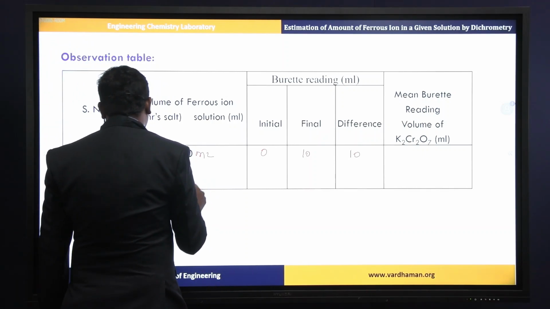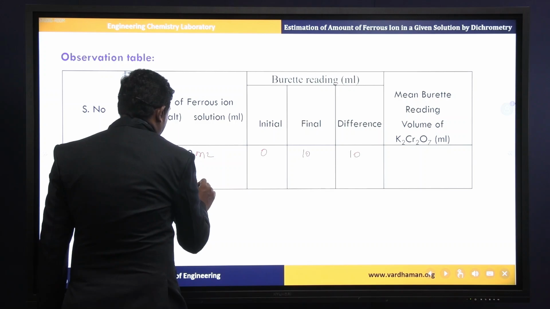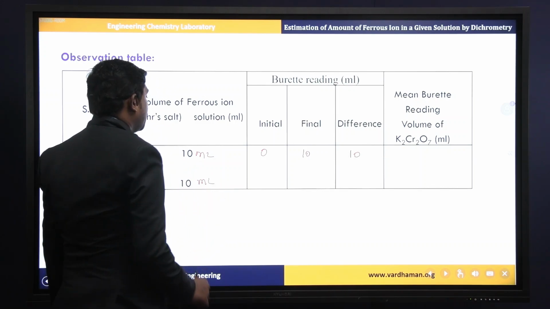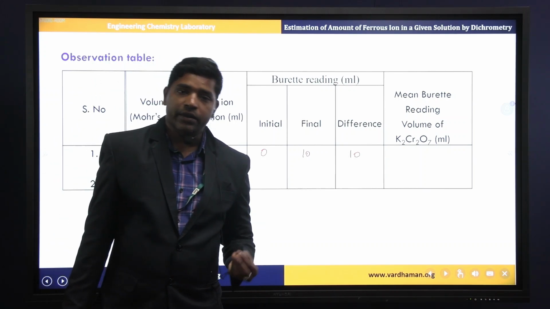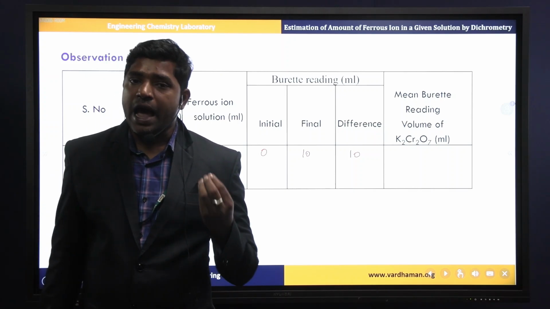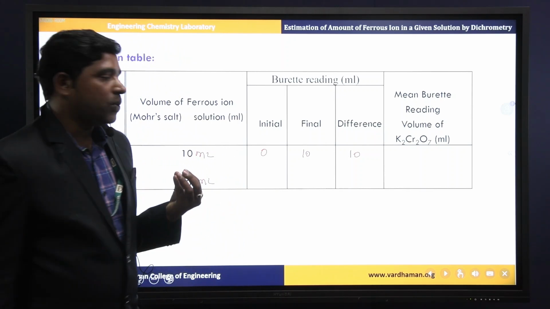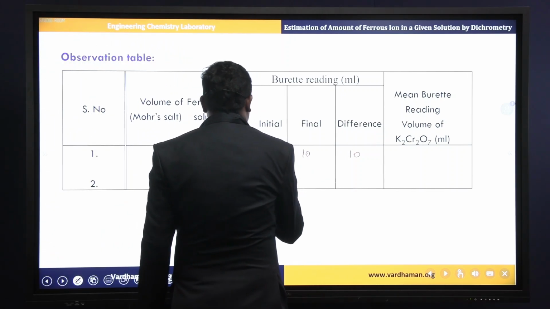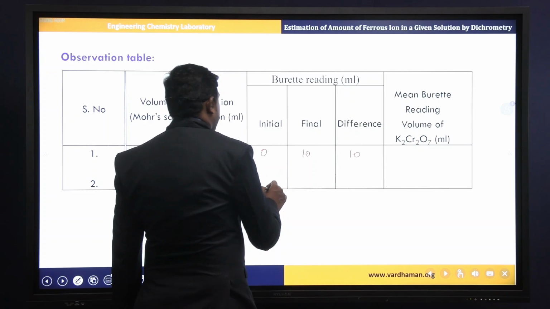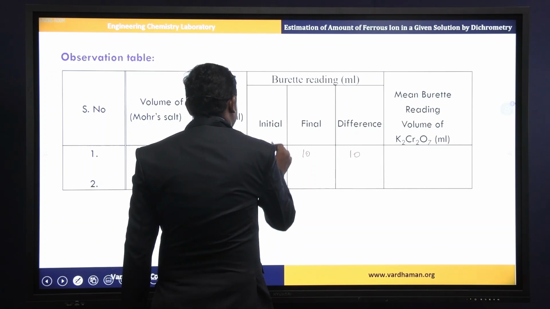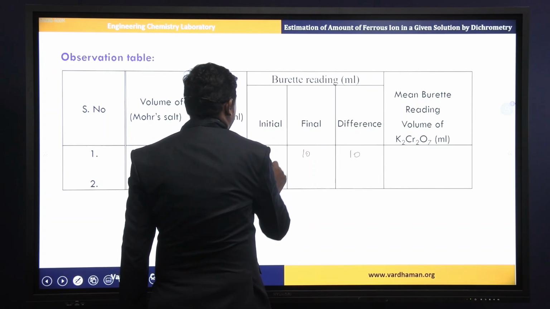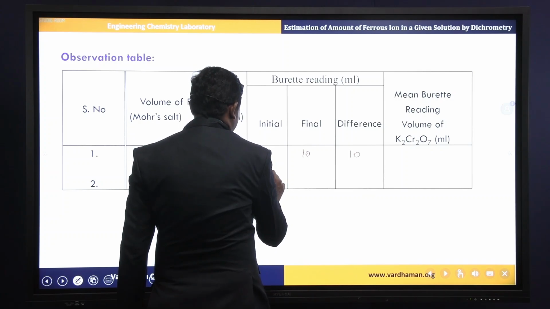In the second time also, we take 10 ml of Mohr's salt solution into the conical flask, and we add 2.5 ml of acid mixture, and 2 to 3 drops of diphenylamine indicator. What is the initial reading? The initial burette reading in the second time is 10 ml. Why?